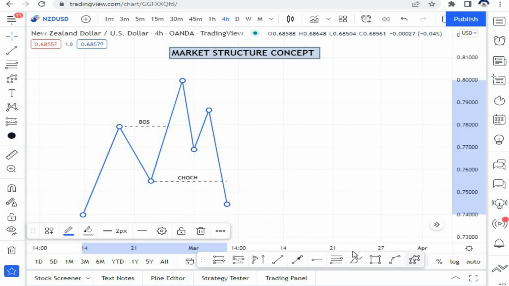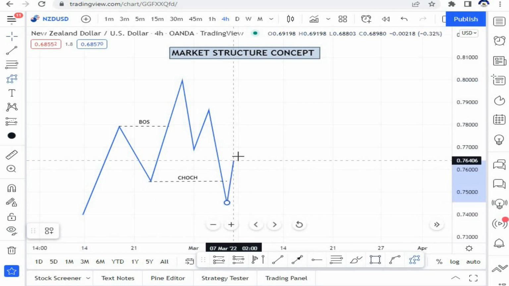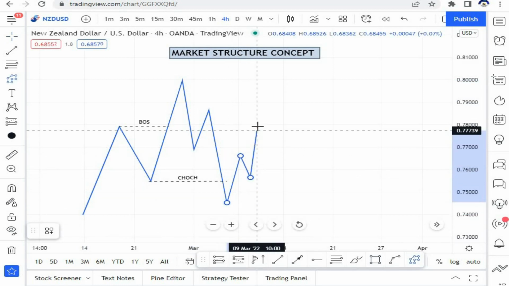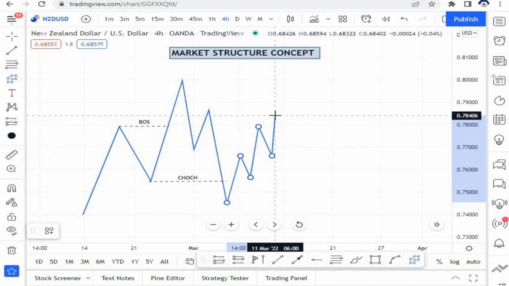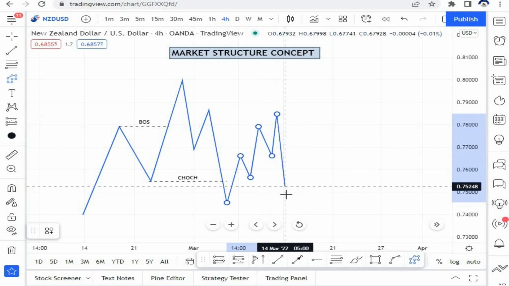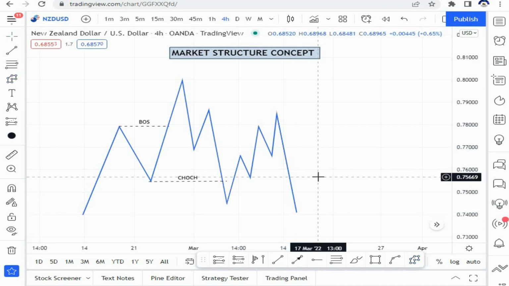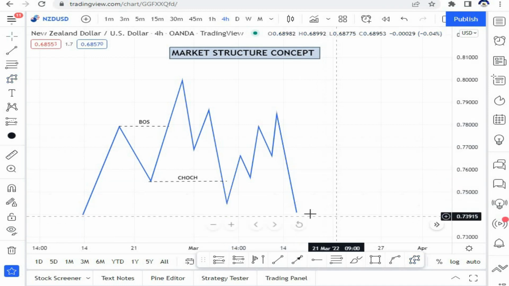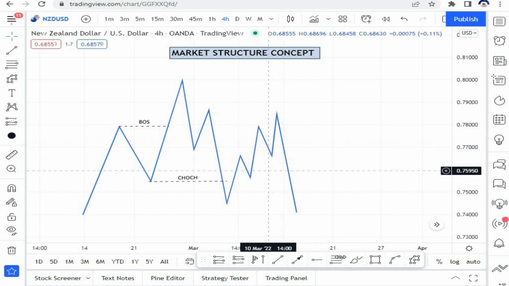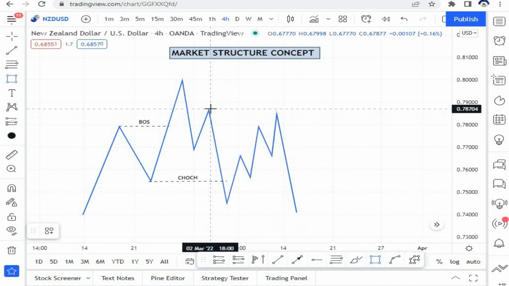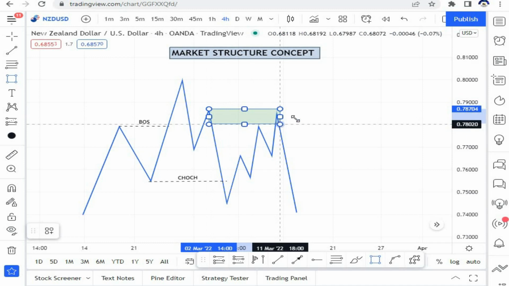You expect a correction to this order block right here, and you expect a reversal of the price going down. So once you find something like this on chart, you only wait for the price to give you this type of move.